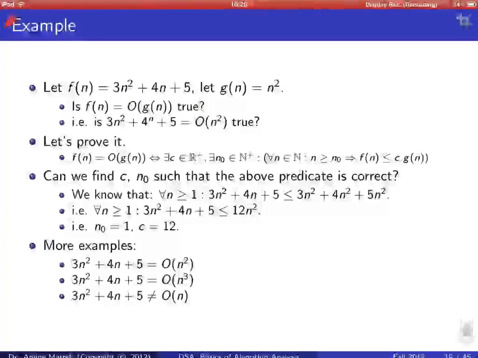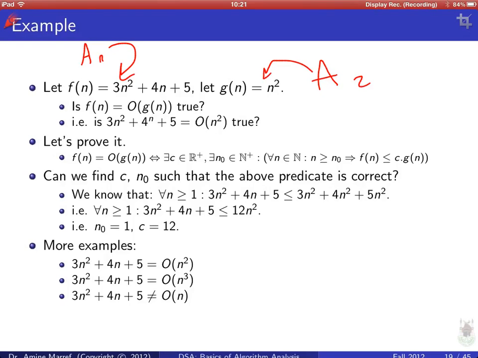So by observation I can see this kind of thing, and then I'm just summing these up. If I sum these up, obviously they are going to be less than or equal to these summed up. That's what I'm saying in this part: the sum of these is less than or equal to the sum of these.